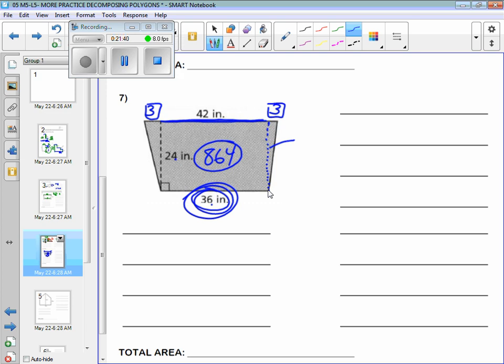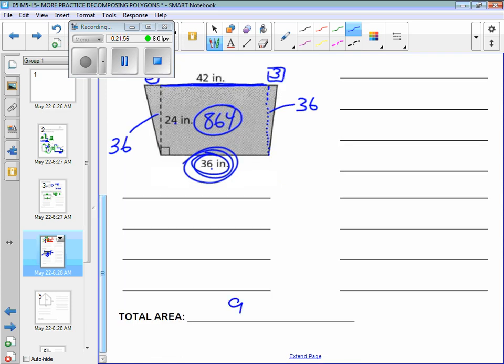And when you multiply that together and divide by 2, you get 36 here, and you get 36 here. And then add everything together. 864 plus 36 plus 36 will get you a total of 936. And that's square inches.